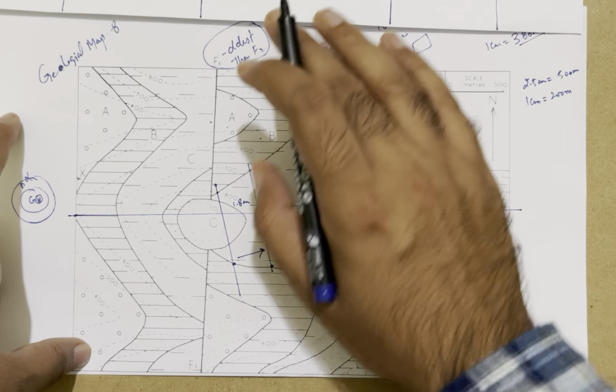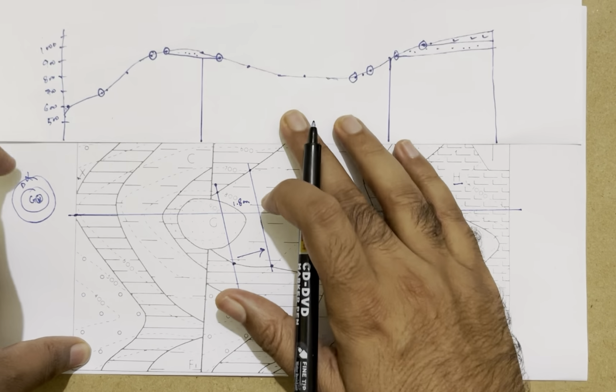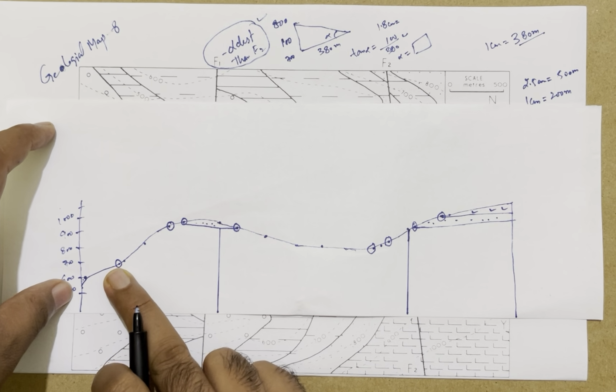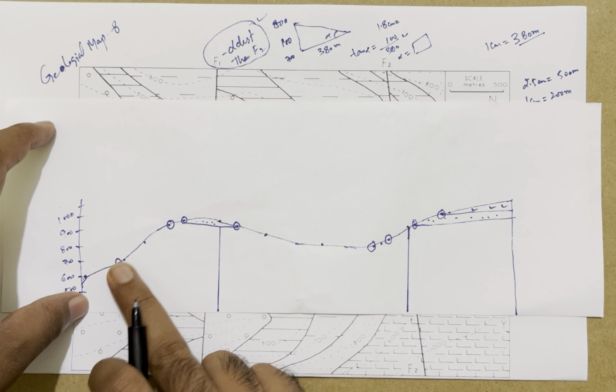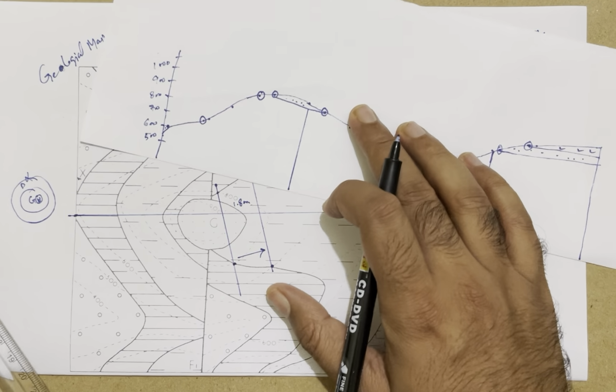So now I know the strata is dipping this way, and we can also find out the dip amount, and using that angle we can draw the lines. So I'm going roughly.